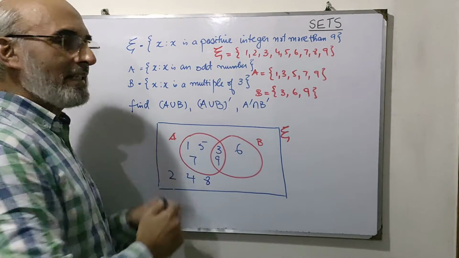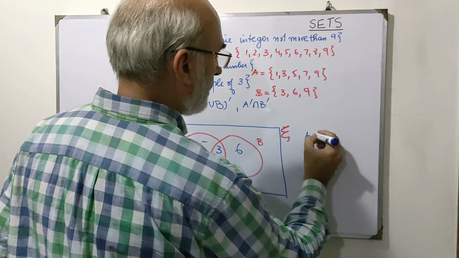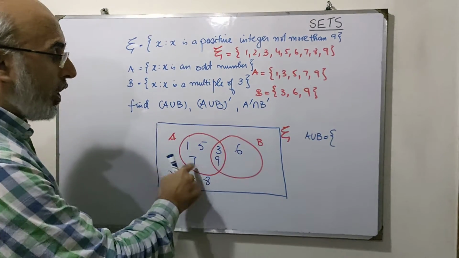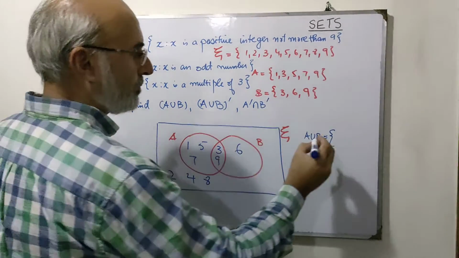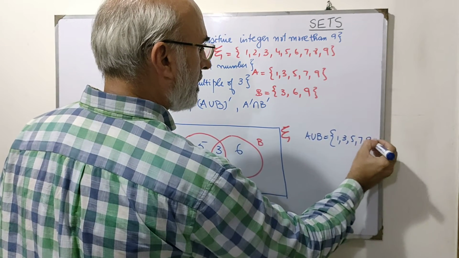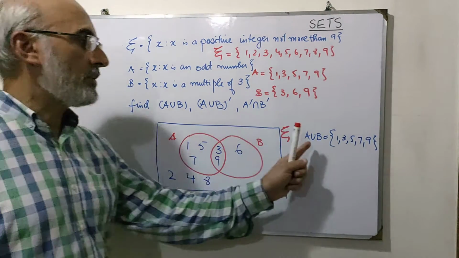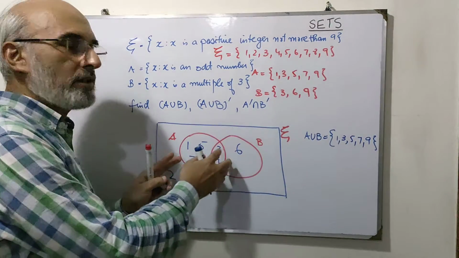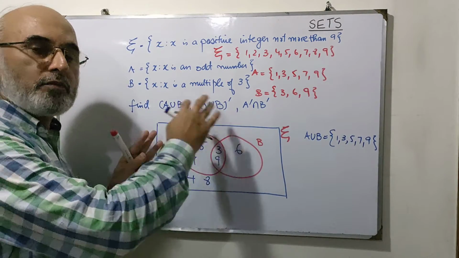Now let's see what A union B is. A union B has all the elements in both the sets: 1, 3, 5, 6, 7, 9. We have this A union B, now we have to take the complement of A union B. So we have to exclude whatever is in A union B and take the remaining.